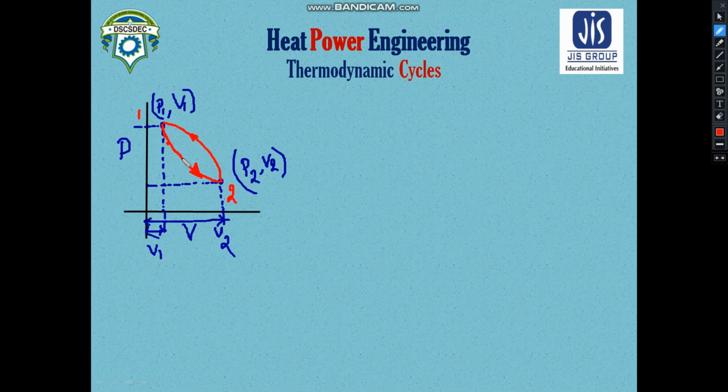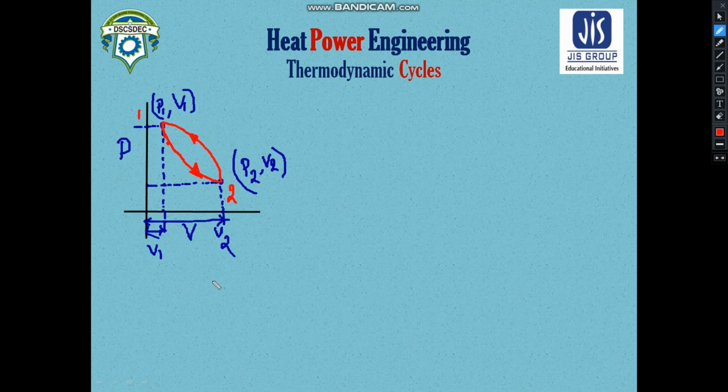The pressure which was initially P1, you can see from this diagram, got reduced to P2, but after the compression has been carried out, it got increased back to P1. So this is what the thermodynamic cycle is. Thermodynamic cycle means the initial conditions and the final conditions are exactly the same.